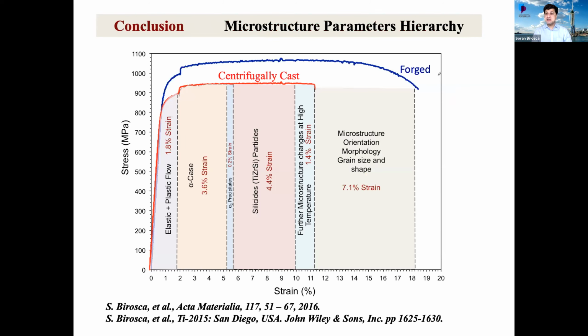So in conclusion, because my 20 minutes is finished and I hope it was useful, quantitatively we looked at the microstructural parameters individually and how the hierarchy system is affecting the failure or the ductility of the material. And in conclusion, we found out the original microstructure within the forged and centrifugally cast material is responsible for around 7% of reducing the ductility in the material.